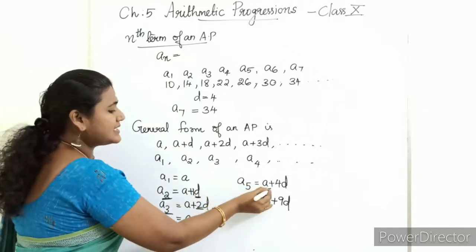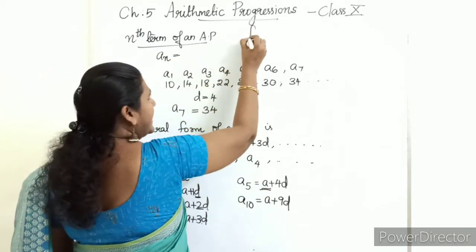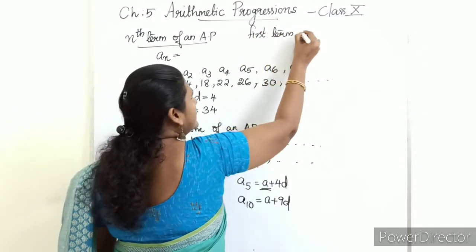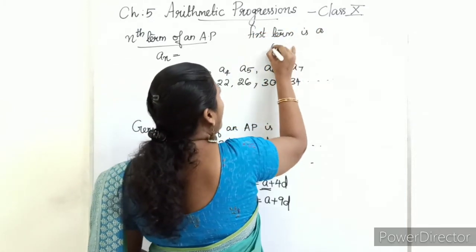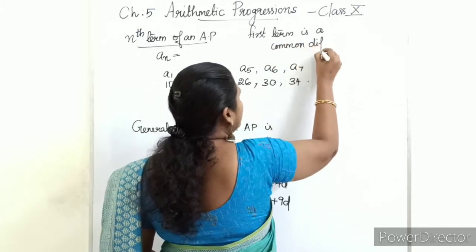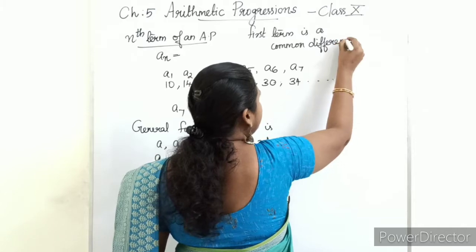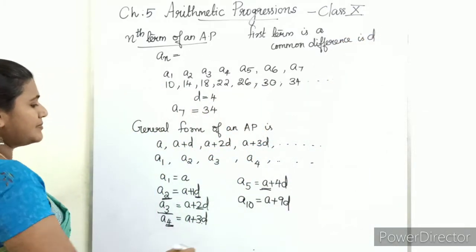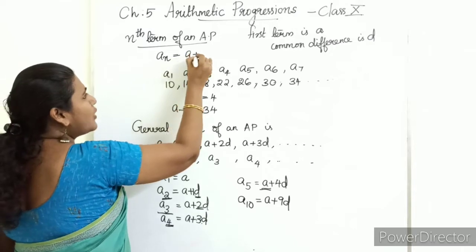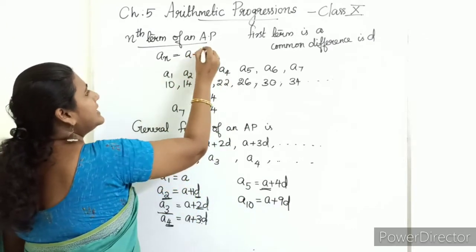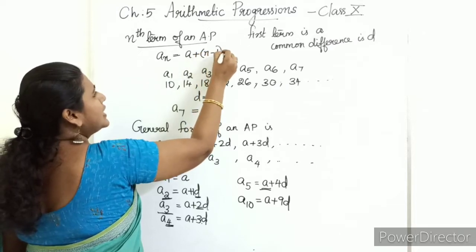If the first term of an AP is A and the common difference is D, then the formula for finding the nth term is A plus, what should be the coefficient of D? 1 less than n, that is n minus 1 into D.